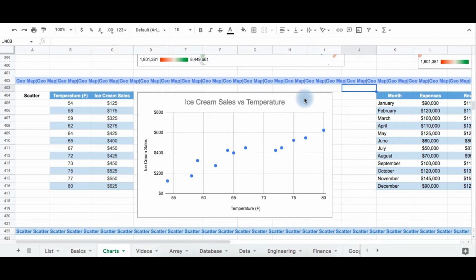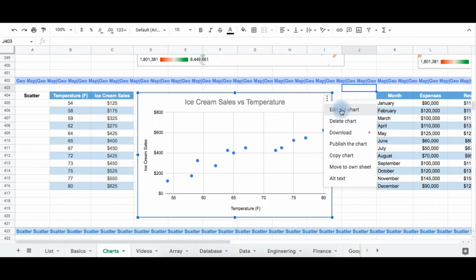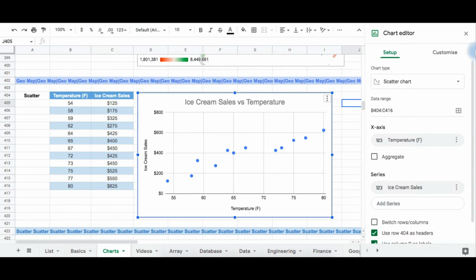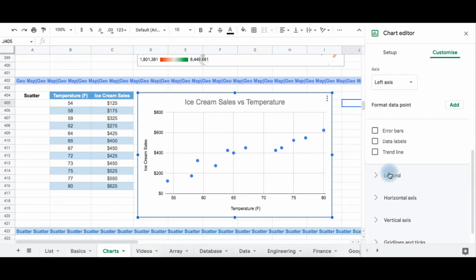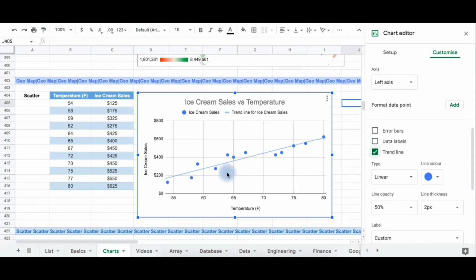And if you want to see a trend, you click on the chart, the three dots on the top right, edit this chart. And if you go to customize, go under series, you can see trend line over here. So it kind of shows you where those scatter plots are.